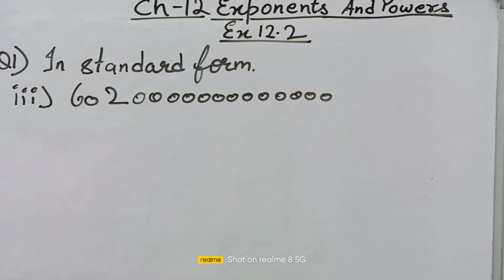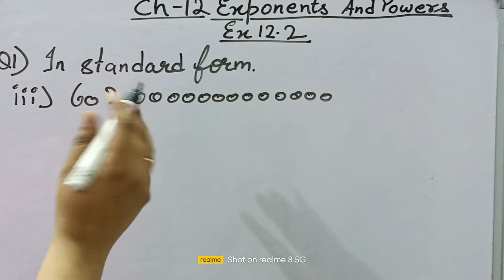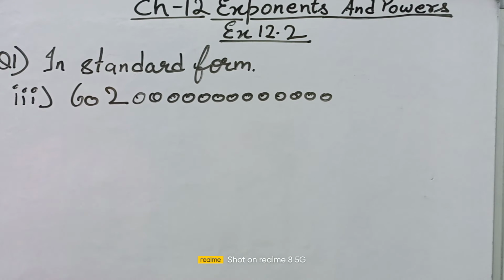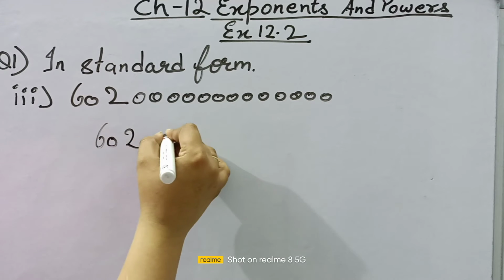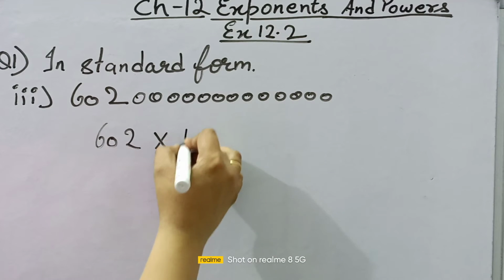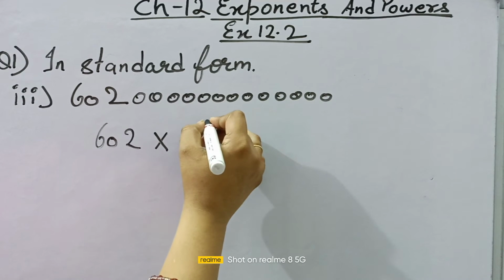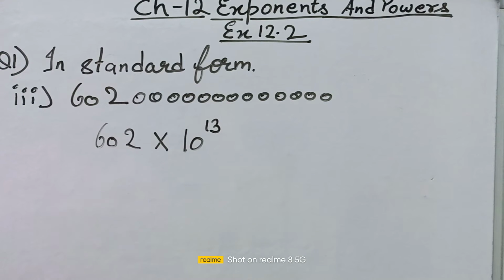That means this is a very large number and we have to write it in standard form. This can be directly written as 602 multiplied with 10 raised to the power 13. This can also be a standard form.